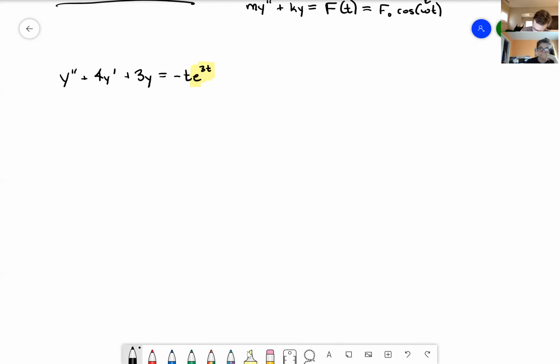So we're going to look for a particular solution of the form u e to the 3t, and we're figuring out u.